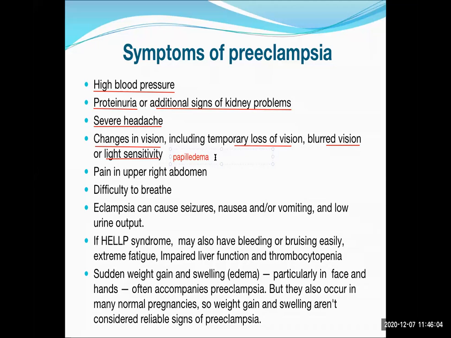What do you mean by that? It is covered by the same meninges which cover the brain as well as spinal cord. So whatever pressure is elevated inside the cranial cavity, that pressure is reflected onto the retina through the optic nerve. And that's why papilledema occurs.